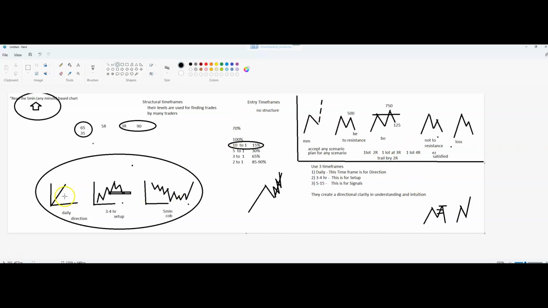And the first part of what I was explaining is combining daily direction with hourly, like a 3 or 4 hour setup, and then a 5 to 15 minute signal. So one is for direction, the other is for setup, the third is for signal and trigger.